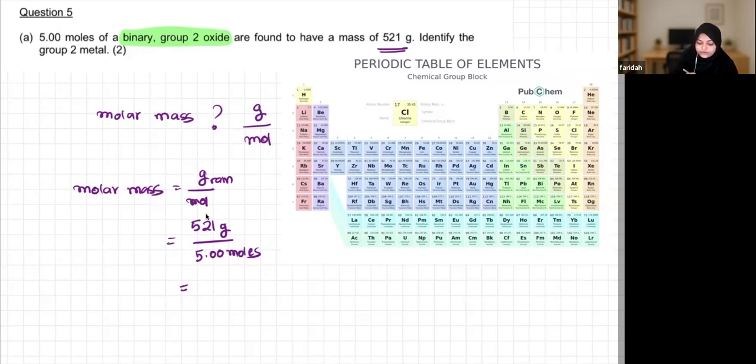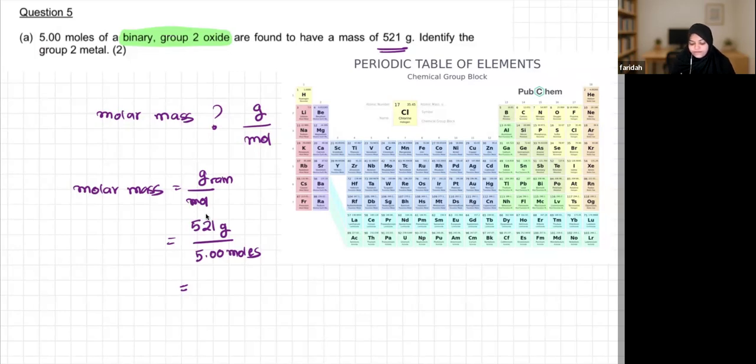So the molar mass of X will be the molar mass of XO minus the molar mass of O.